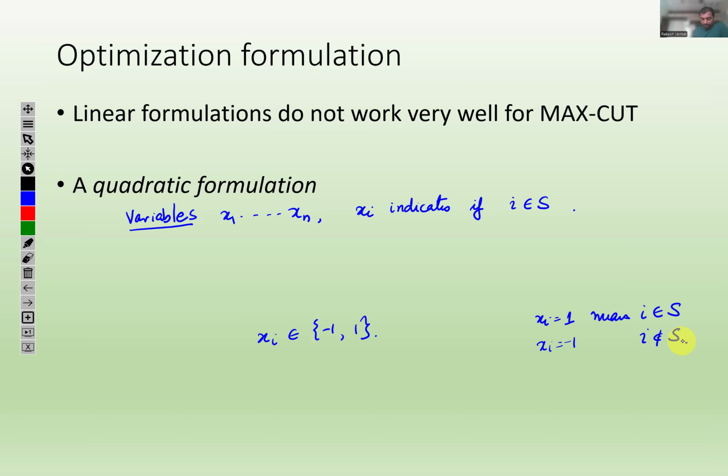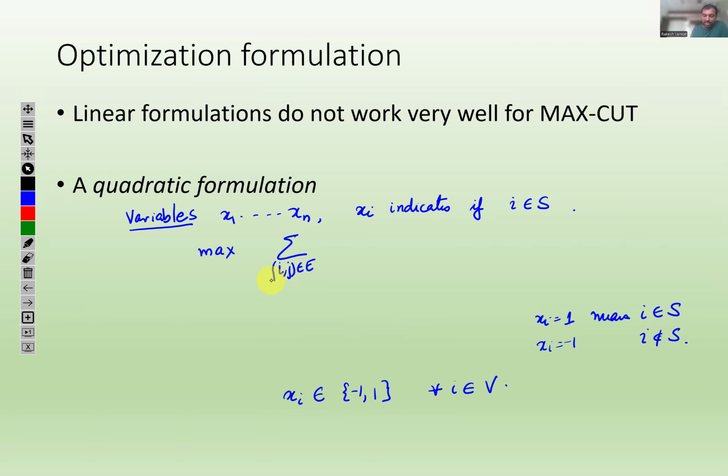What is my objective? Maybe I'll give myself a bit more space for the objective. I'll write this here. Okay, so I'm doing a max cut, so the formulation is a maximization problem. What do I do next? Well, I'm going to write down the objective as the following.